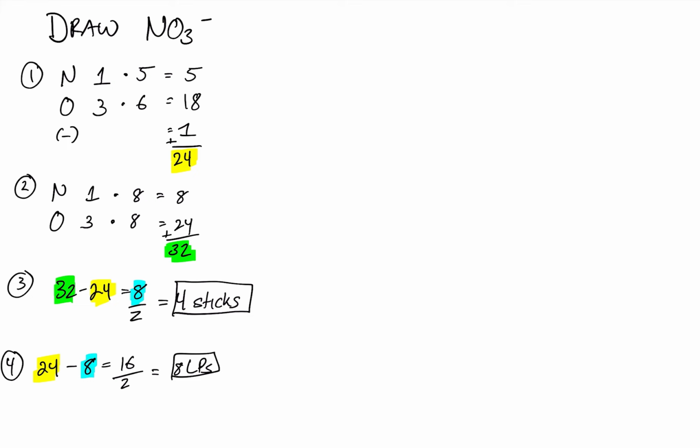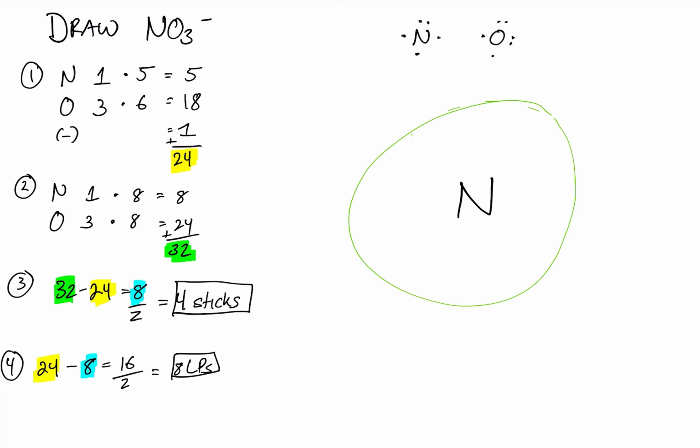Now, it's time to arrange our atoms in some kind of configuration. The one that we want to put in the center is the one that has the most unpaired electrons. Nitrogen, if you were to do the Lewis dot diagram, is in group number 5 and has 3 unpaired electrons, while oxygen is in the 6th group, and it's going to have 2 unpaired electrons. So nitrogen is going to go in the center. We're going to treat the area around this nitrogen as a giant circle.